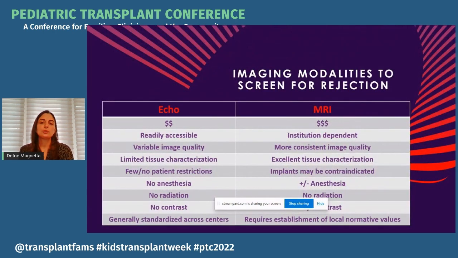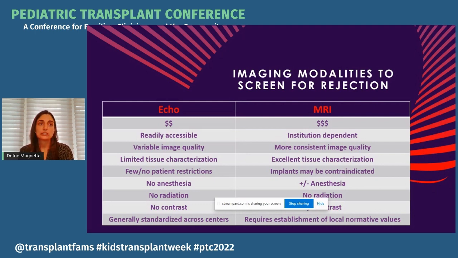So just thinking about two of the imaging modalities that will come up a lot in cardiac transplant, echo and MRI, I put together a little bit of compare and contrast between them. Echo will continue to be one of the parts of the evaluation for our patients. It's typically more affordable than MRI. It's readily accessible, whereas MRI might be a little bit more institutionally dependent. But echo does have variable image quality.